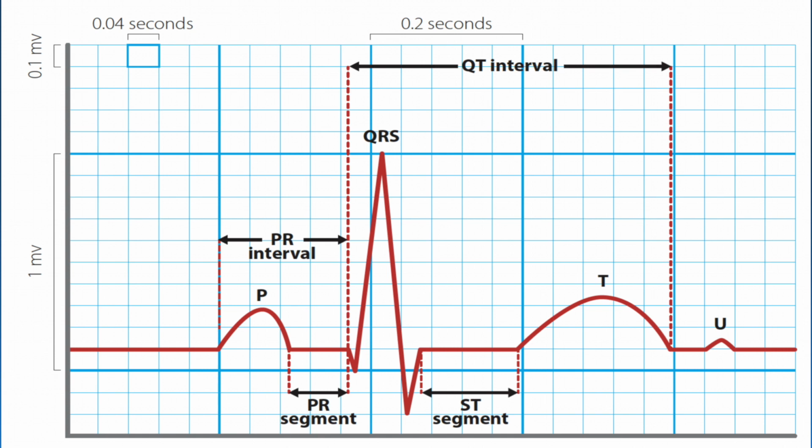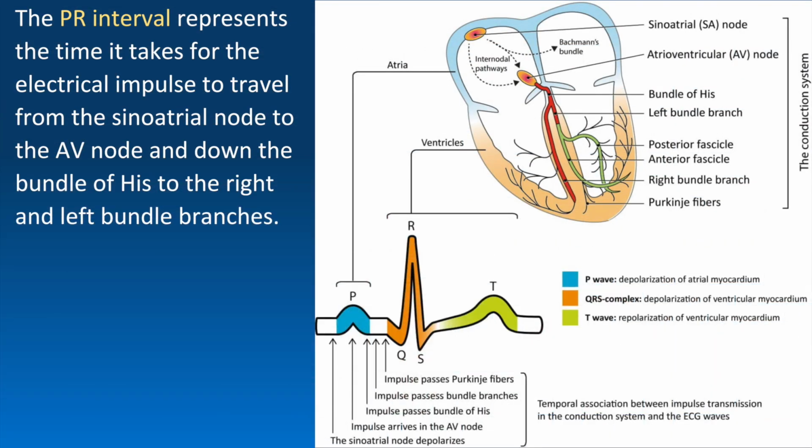The PQ interval takes about 0.16 seconds and is also referred to as the PR interval if the Q portion is not visible. The PR interval represents the time it takes for the electrical impulse to travel from the SA node to the AV node and down the bundle of His to the right and left bundle branches. The PR interval includes atrial depolarization, contraction, and the passage of the depolarization wave through the remainder of the conduction system.